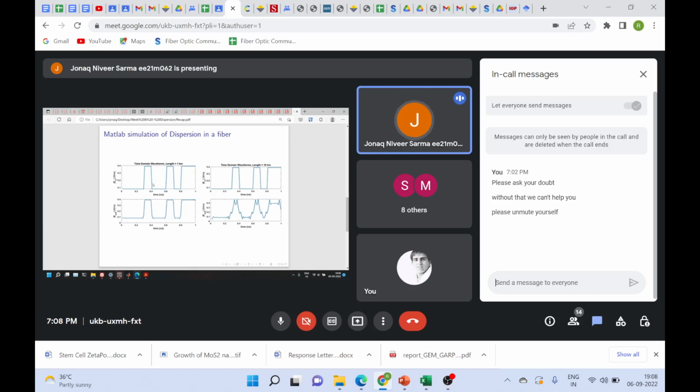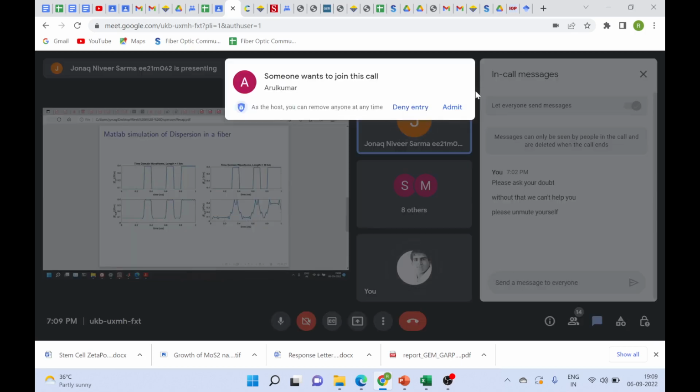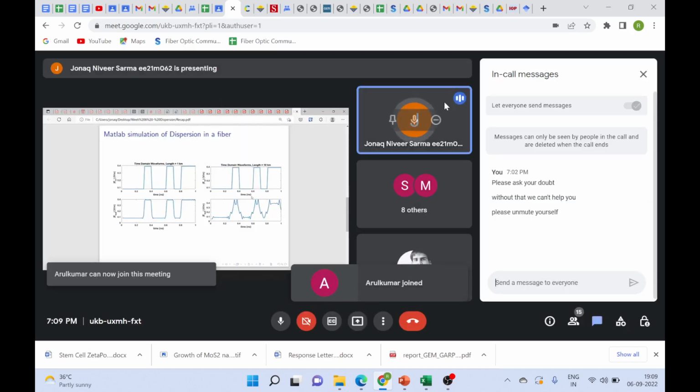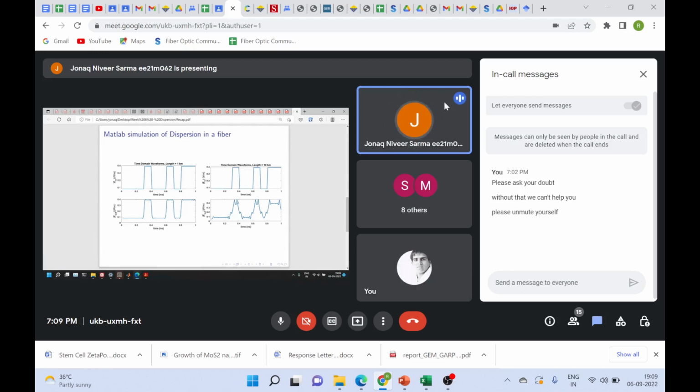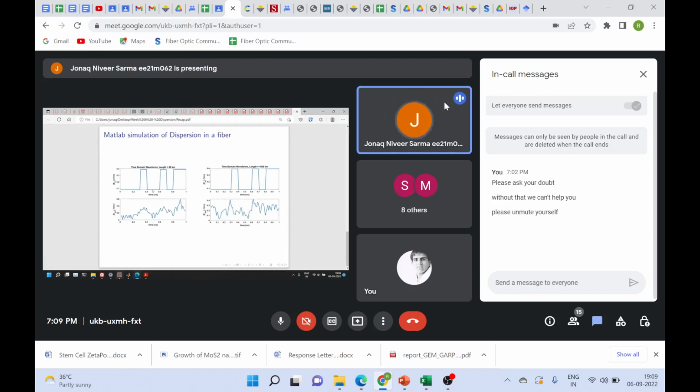And due to dispersion, after just 1 kilometer, we can see the sharp edges have disappeared, and after like 10 kilometers, you will see the blurring effect. Also, there are some spikes corresponding to the sharp edges. And I'll show you the code as well.